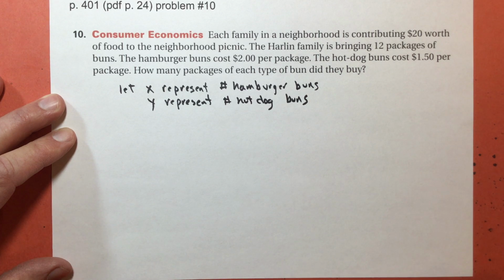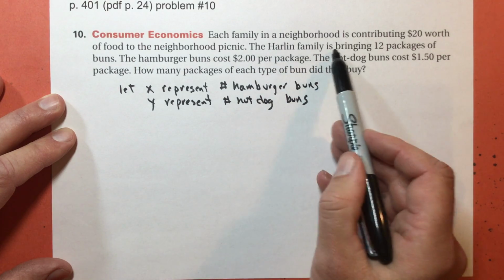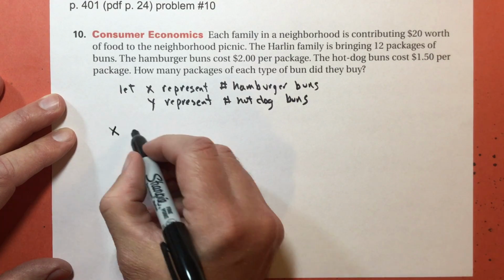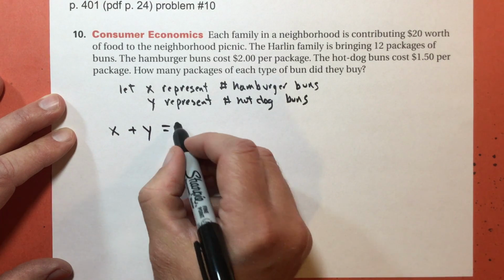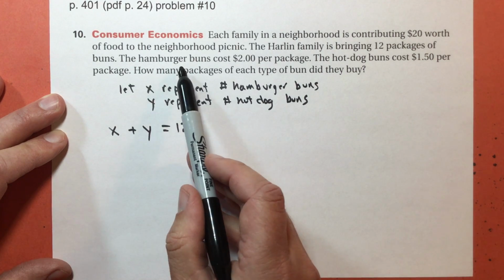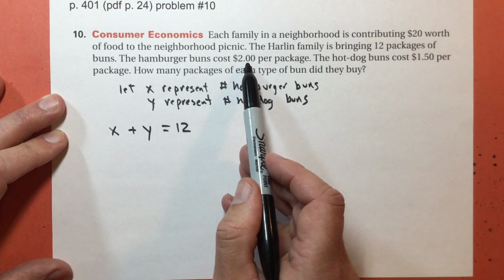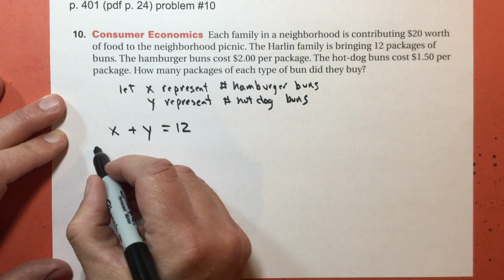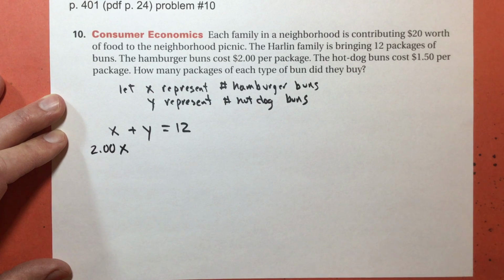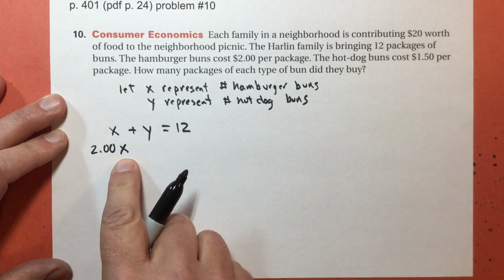Okay? Now we need to write the equations. What information do we have here? Well, first of all, we know that they brought 12 packages of buns together. So x plus y equals 12. The hamburger buns cost $2 each. So I'm going to multiply 2 times the number of hamburger buns that they bought, which I'm going to find out, I just don't know what it is.